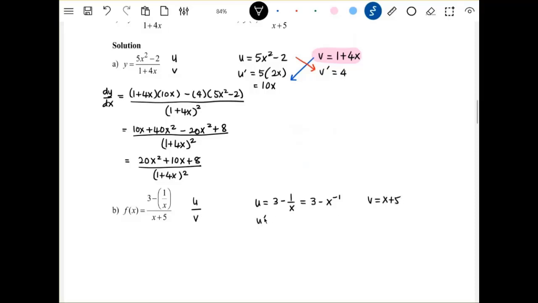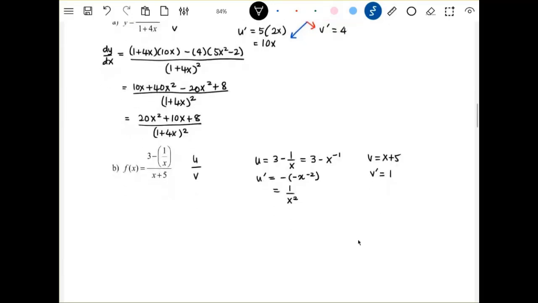So our u prime will be differentiate 3 kita dapat kosong, differentiate x negative 1 will be negative x negative 2. So end up will be 1 over x squared. Okay, and then we have v prime di mana dia adalah differentiate x adalah 1, differentiate 5 dapat kosong.